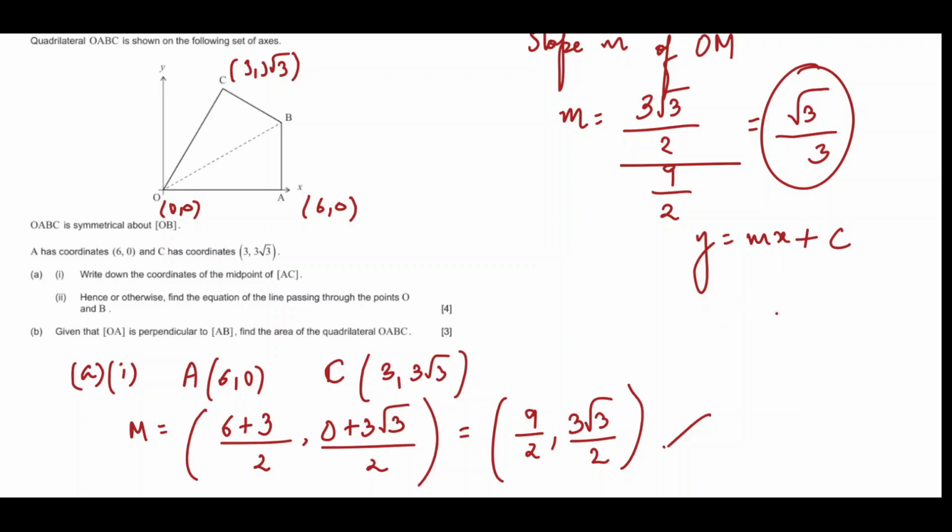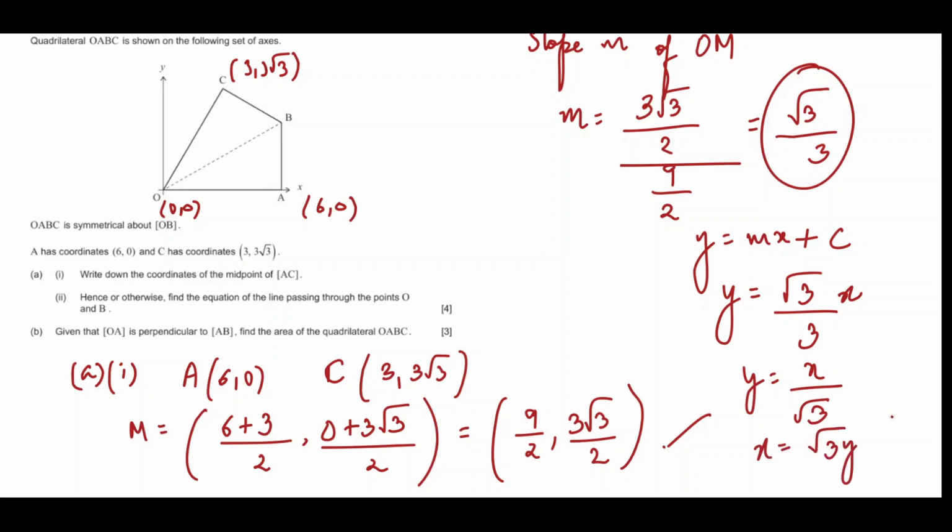Since there is no intercept, the equation of the line will be y equals under root 3 over 3 x. When you solve this, you can simplify it, and you can write x over root 3. So x is equal to root 3 y. This is the equation of the line through O and B.